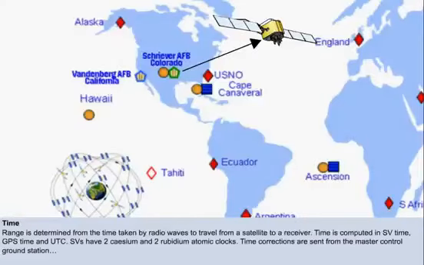SV clocks are monitored by the Master Control Ground Station and are occasionally reset to maintain time to within 1 millisecond of GPS time. Clock correction information is passed from the master station via satellite to the user to correct for any residual SV timing error.